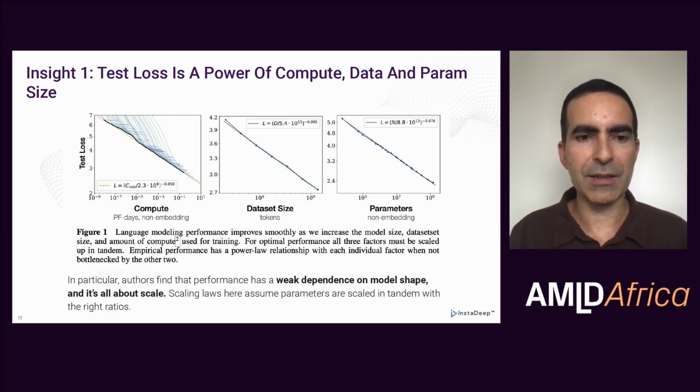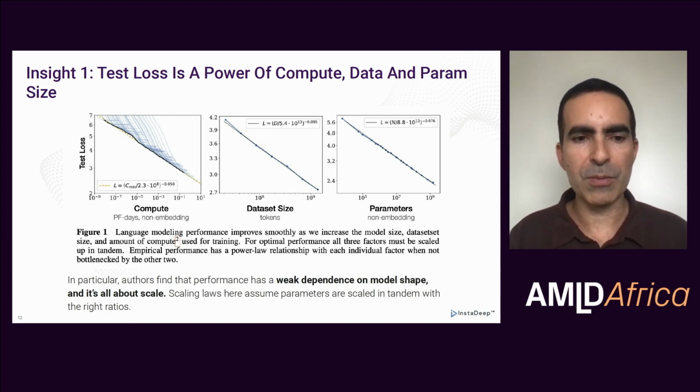So when you're doing a self-supervised task that involves transformer or attention-based models, you effectively can derive, or empirically observe, a power law relationship between the test loss and the amount of compute power you put on a given task, or the size of your data set, or the number of parameters.